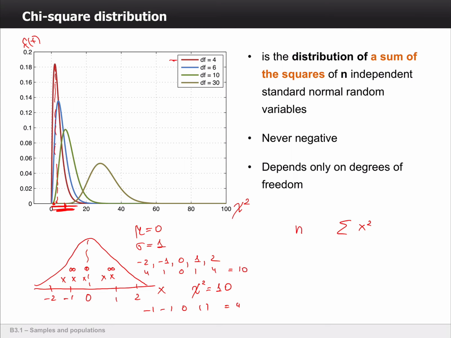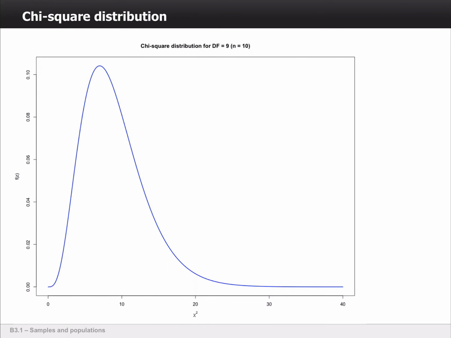So how can we use this for our calculations for the variance? Let me show you this one. In this case, we have a sample size of 10, and this is the chi-square distribution. If you take, for example, the 95% most common values, it will look something like this.